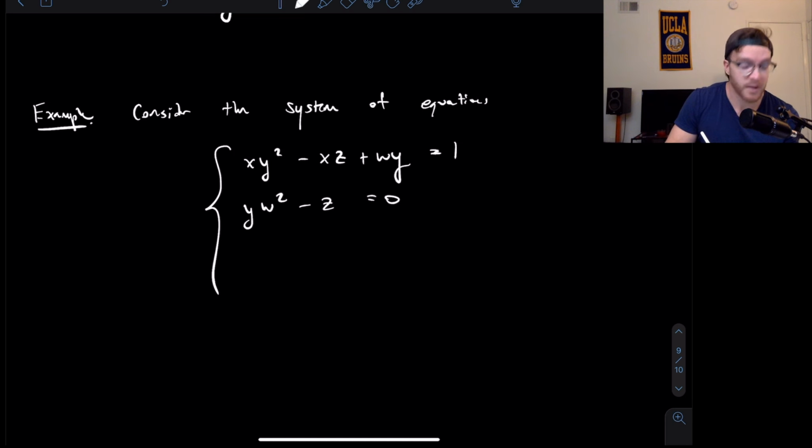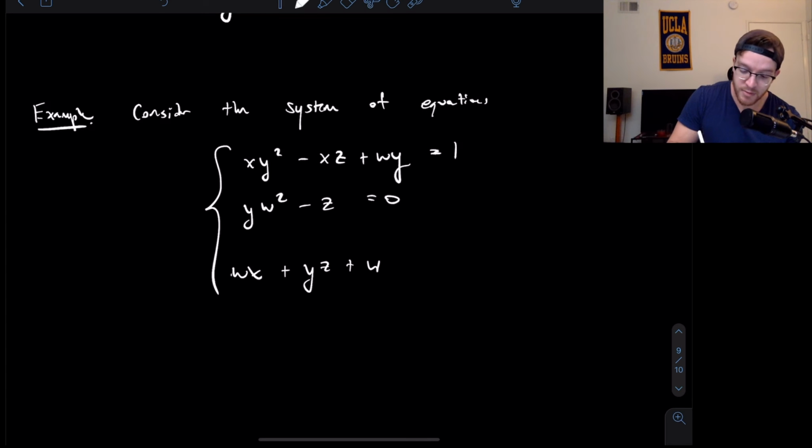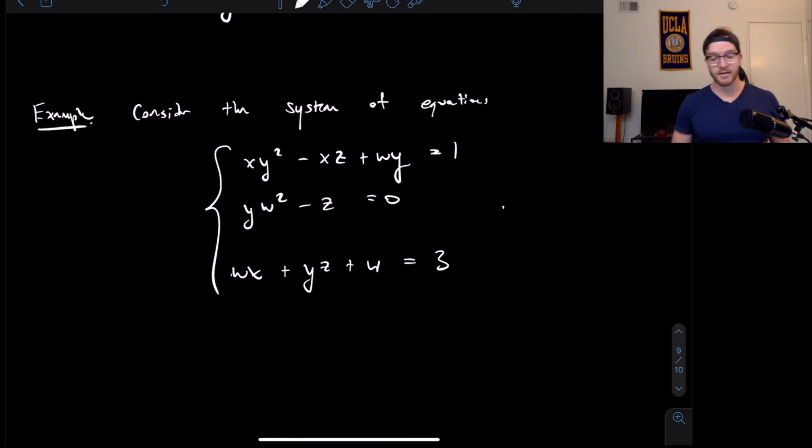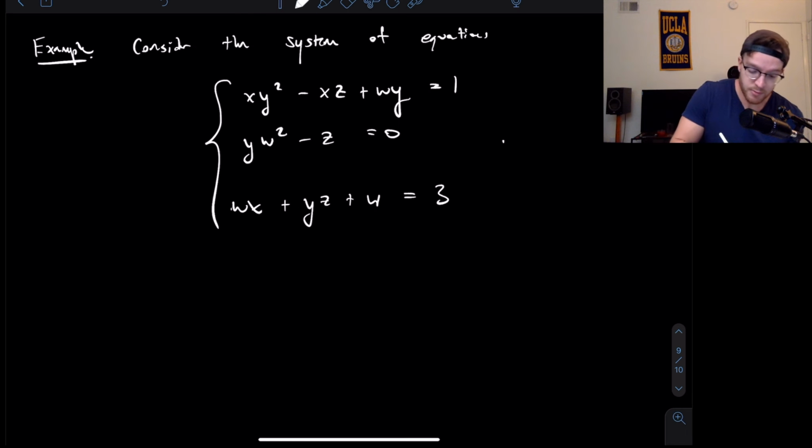And wx plus yz plus w equals 3. Okay, so some ridiculous, again, nonlinear system of equations. And note that here's a particular solution, 1, 1, 1, 1.